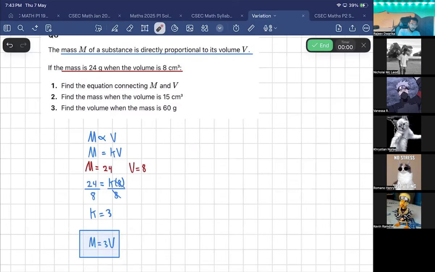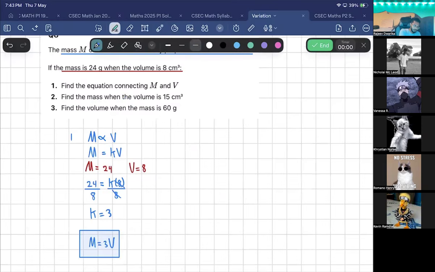All right. So we answered part 1. Part 2. What does part 2 say? Find the mass when the volume is 15 centimeters. So I'm going to put a question mark by mass, and I'm going to write what the volume is. 15. It's not physics class, the units are not the most important thing here. But I hope I'm showing the math people how cool physics is. Is there any equation linking M and V together?